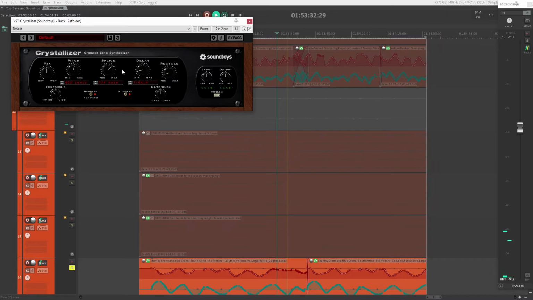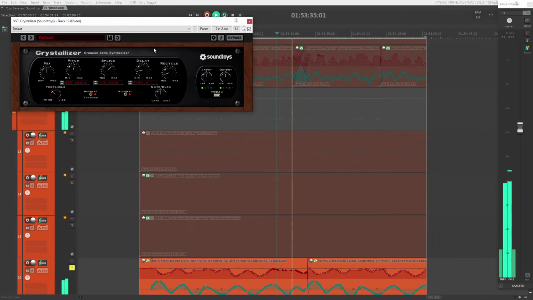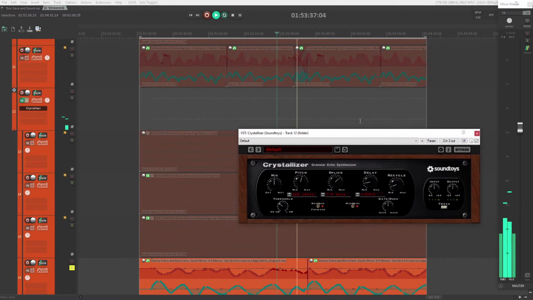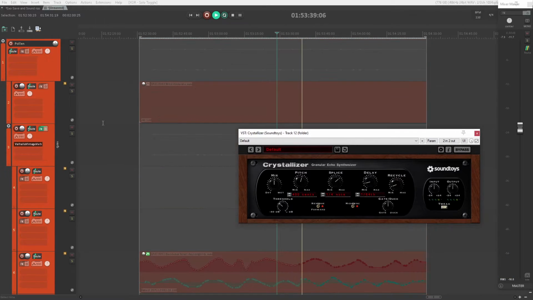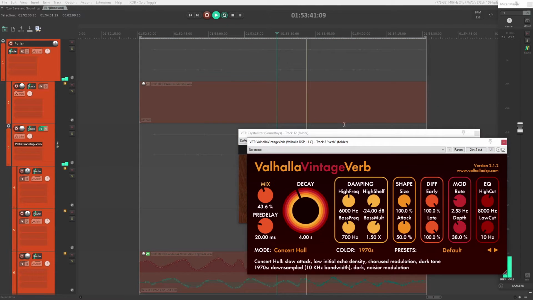And then I had some crystallizer going on, as well as a basic Valhalla vintage verb, which I like to put on everything. So that was Pollen.